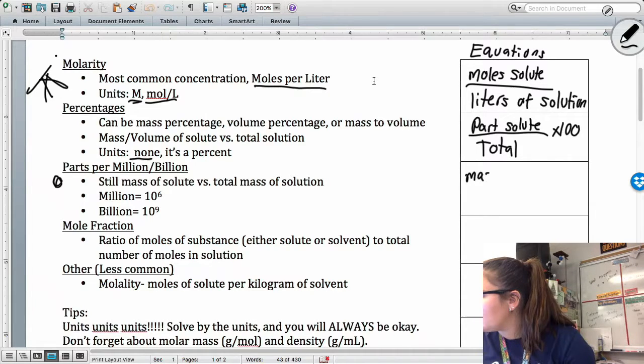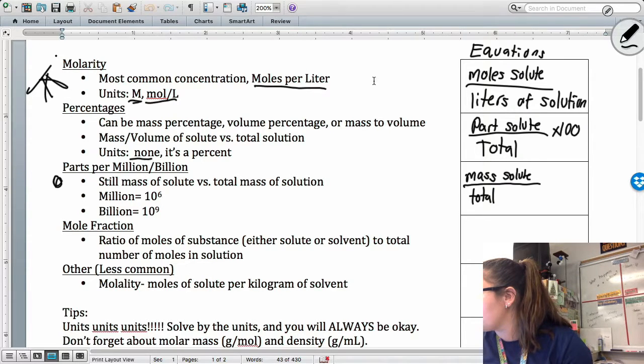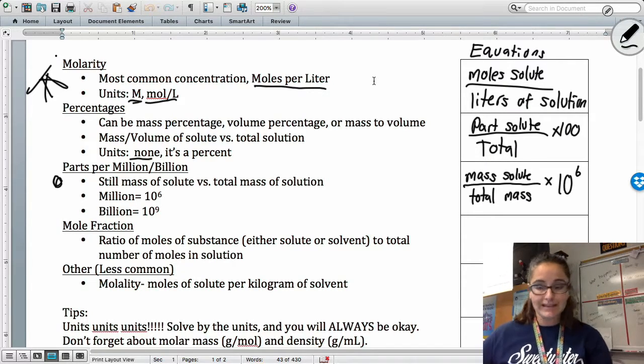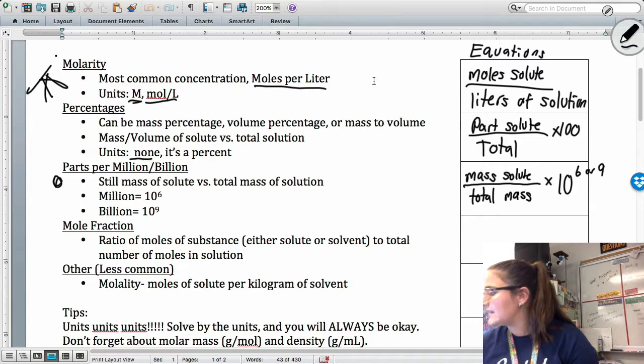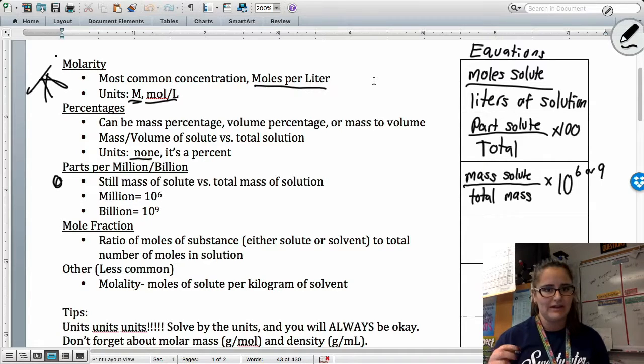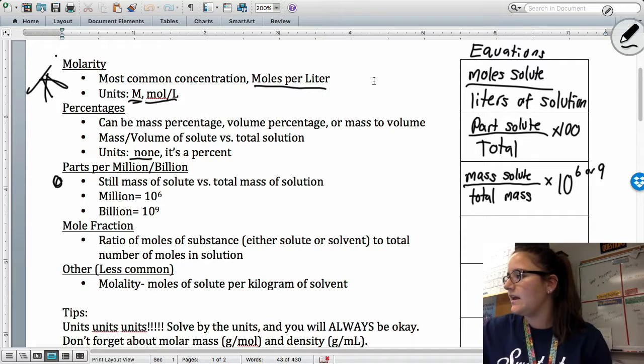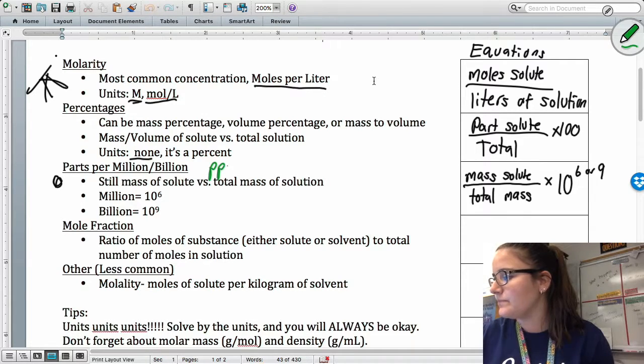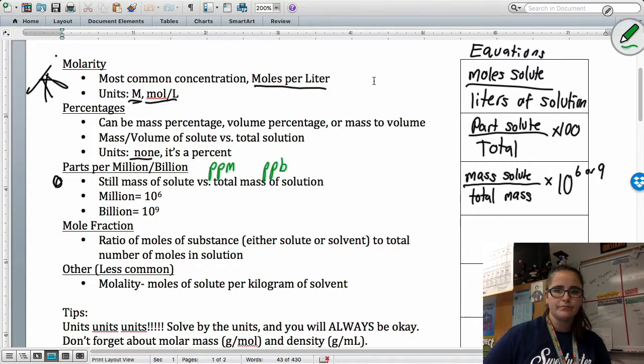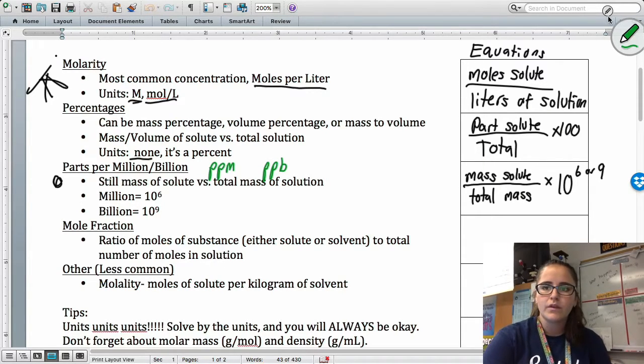So mass of solute over the total mass of your solution, and then you times it by 10 to the 6th for parts per million, or 10 to the 9th for parts per billion, just depending on what they're asking you for. And it's written as ppm or ppb for parts per billion.